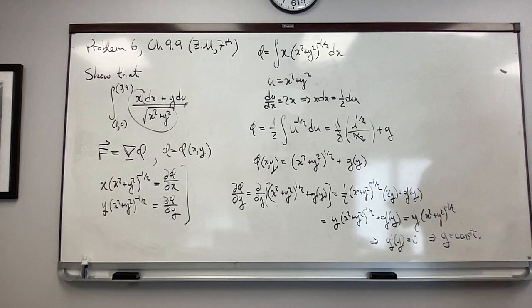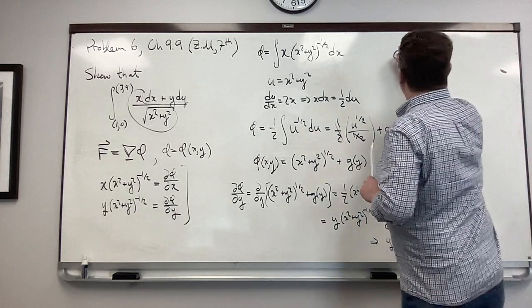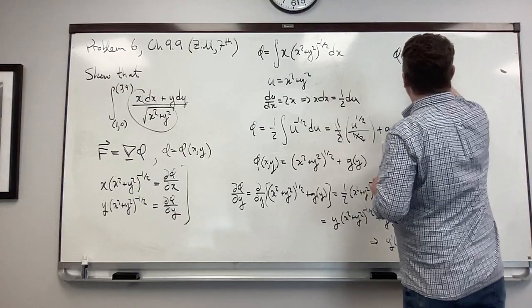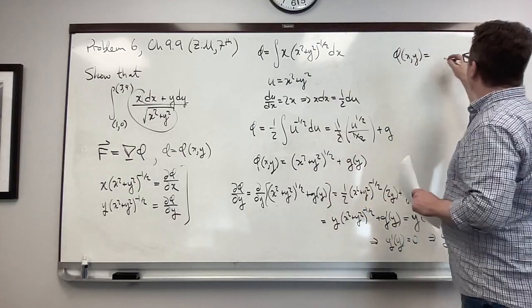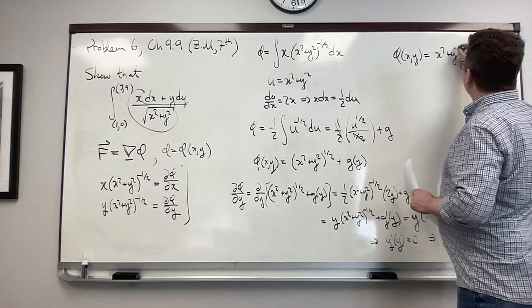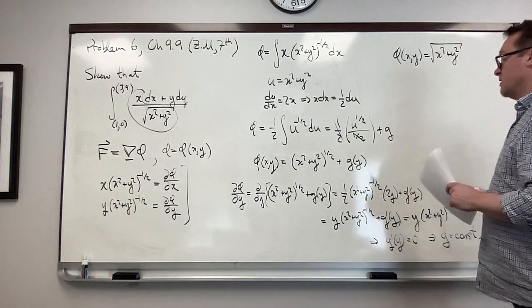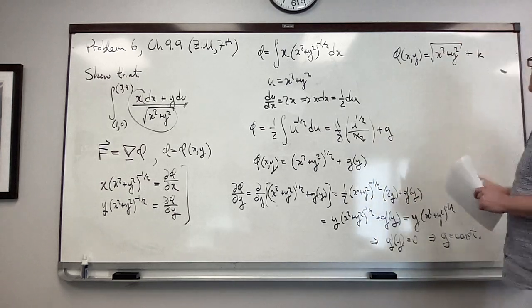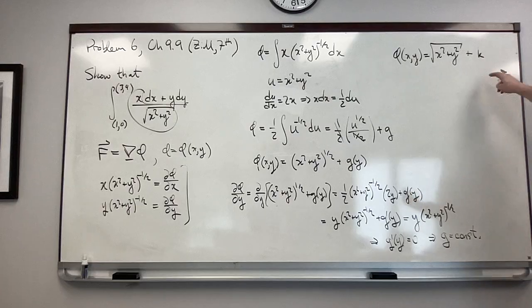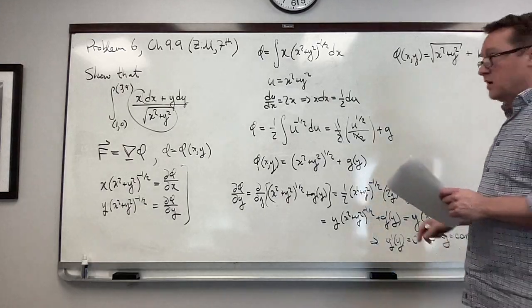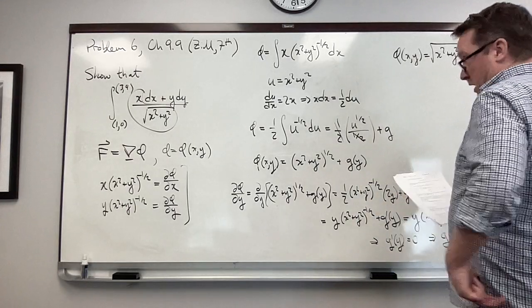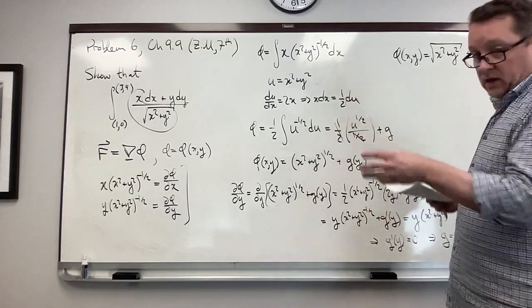So I know that, finally, phi of x, y simply equals the square root of x squared plus y squared, plus some constant k. Not a function of x or y. Now, why did we calculate that potential?